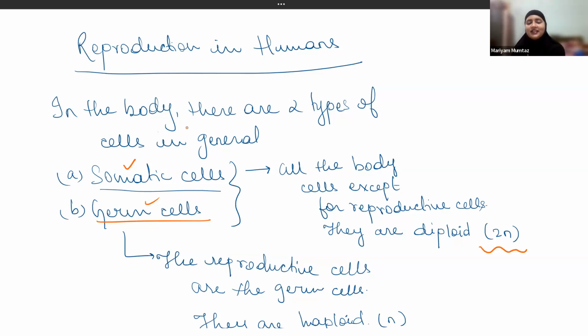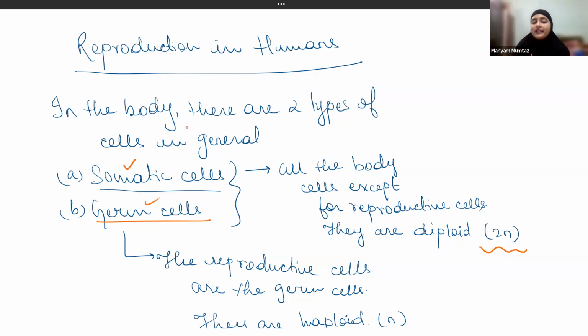No. See, basically, you're explaining the whole step, right? But the answer is that the germ cells are haploid to maintain the ploidy level in the offspring. Okay, diploidy, haploidy, it is ploidy level.